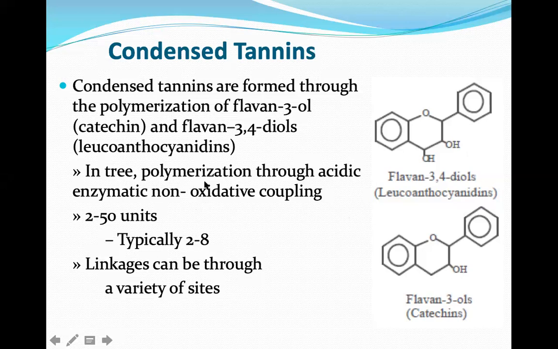In trees, polymerization through acidic, enzymatic, non-oxidative coupling takes place, and polyflavonoid tannins can be 2 to 50 units. So 2 units of flavonoid can join together to make the smallest condensed tannin, and the number of units in a polyflavonoid can be up to 50, typically 2 to 8.